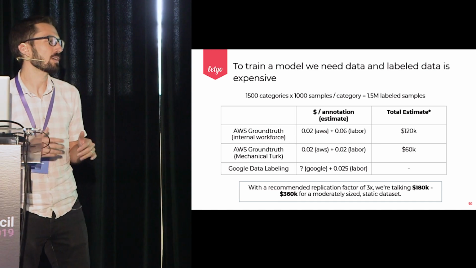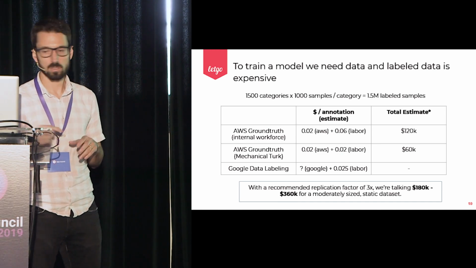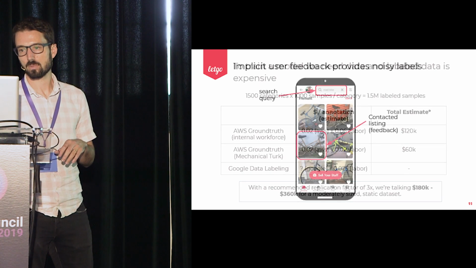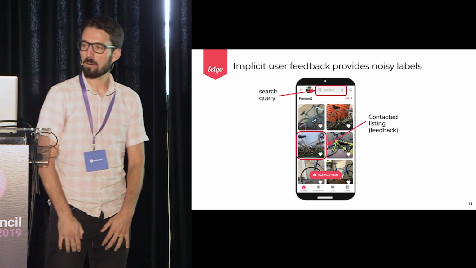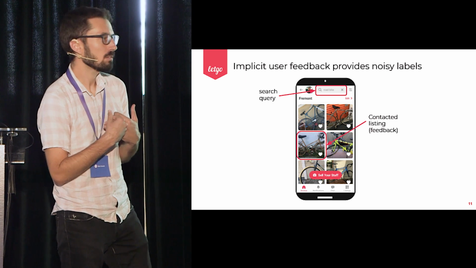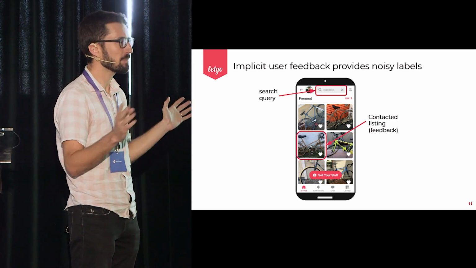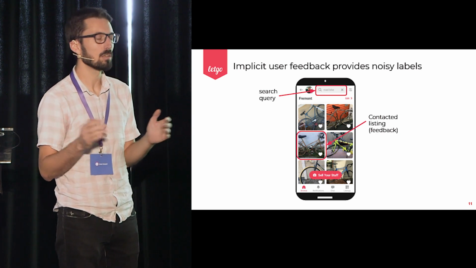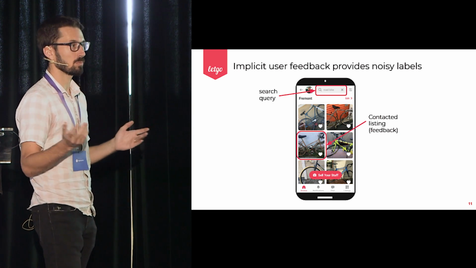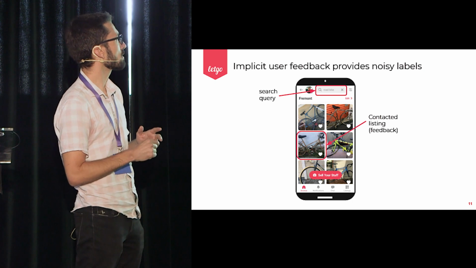So another strategy is to bootstrap your way through the problem, which is exactly what we did, by taking advantage of what we call implicit user feedback. The idea is very simple. Many people use it. We didn't invent this, but it's still useful to most people that run a business like ours.